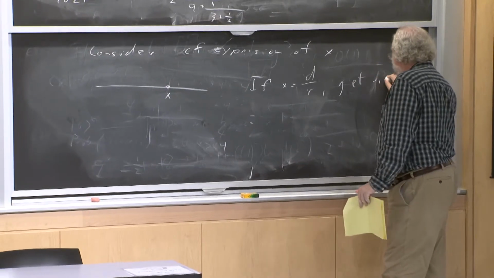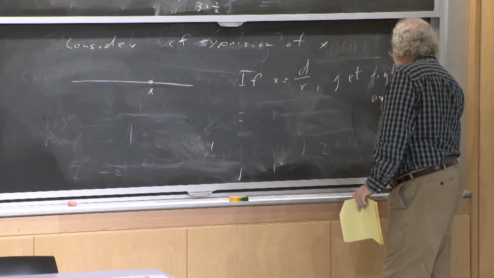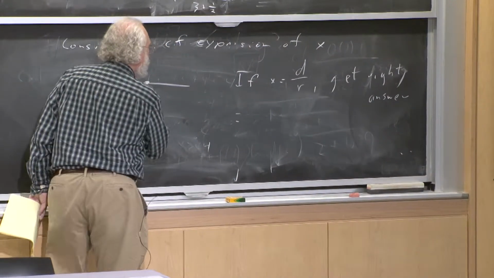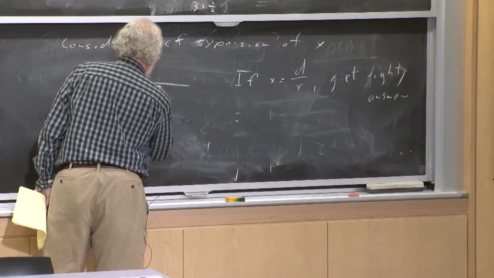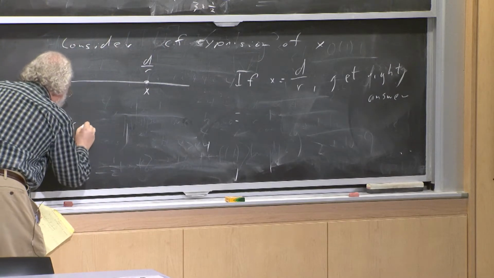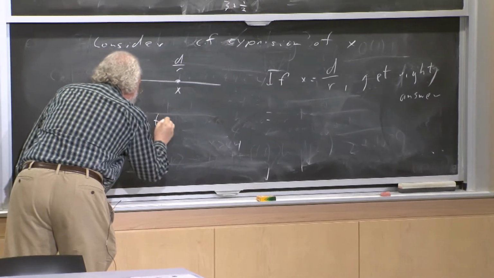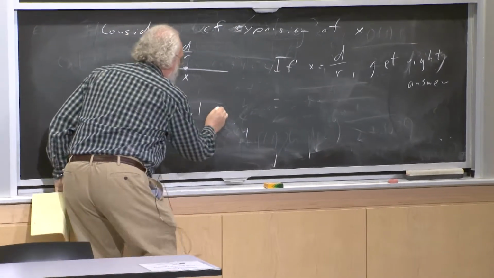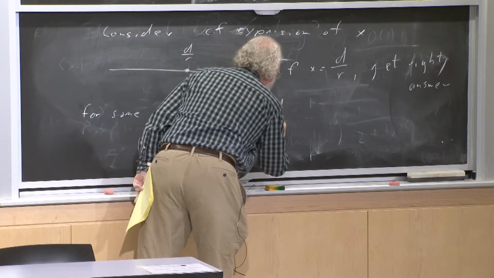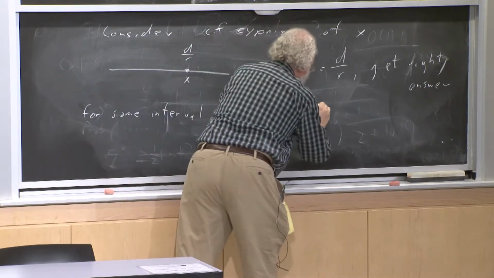Get right answer. So here is d over r. For some interval around d over r, we also get the right answer.